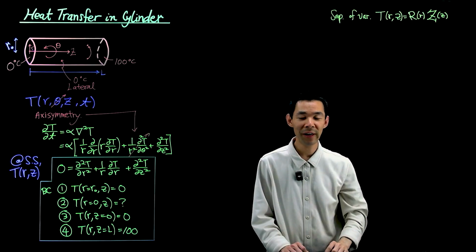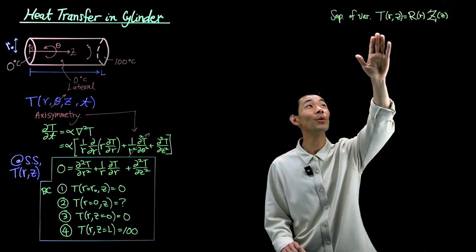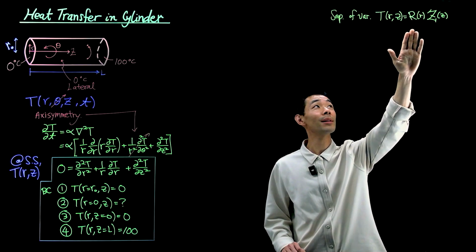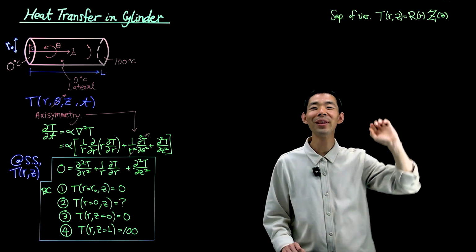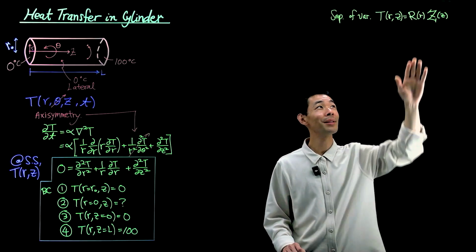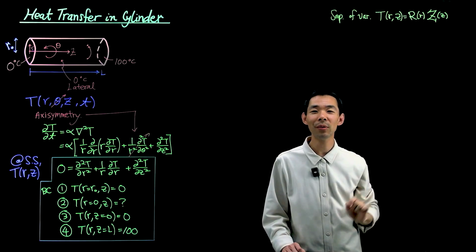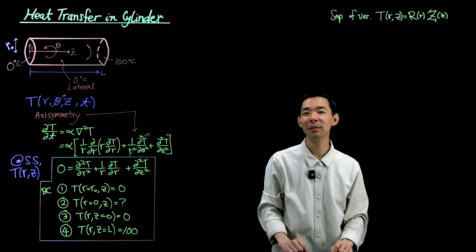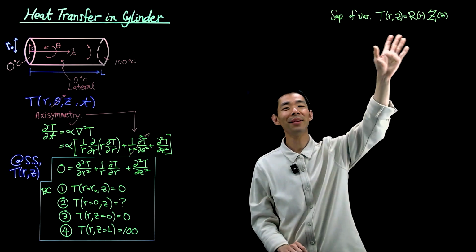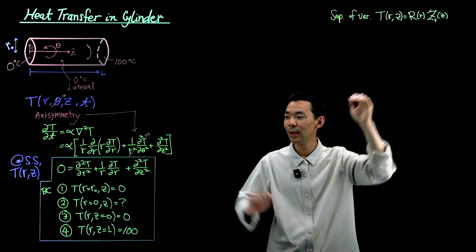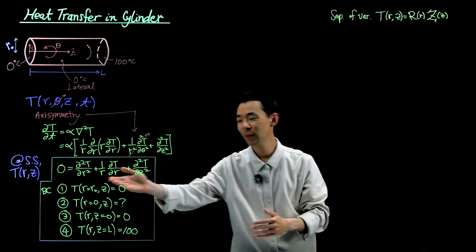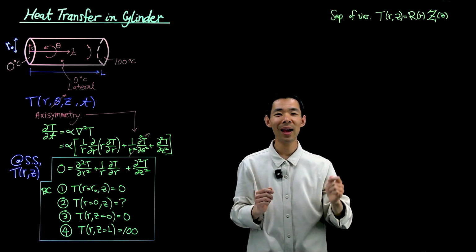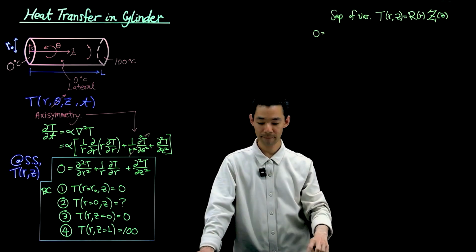In separation of variables, we're just going to write the full temperature profile as a product of a function only of little r, so capital R, times capital Z, which is only a function of the lateral direction, little z. We're going to take this assumed solution, plug it into this PDE, and see what we get out.